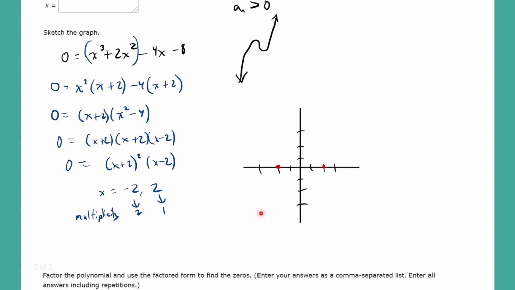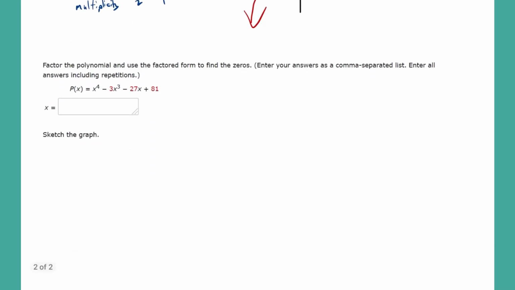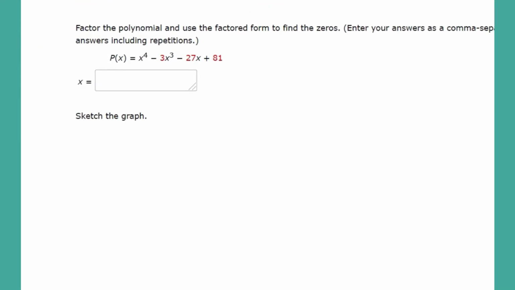Fall left, rise right. So here we have to touch and turn, and then here we have to go through. So there's your graph. Touch and turn, go through. That's a sketch.